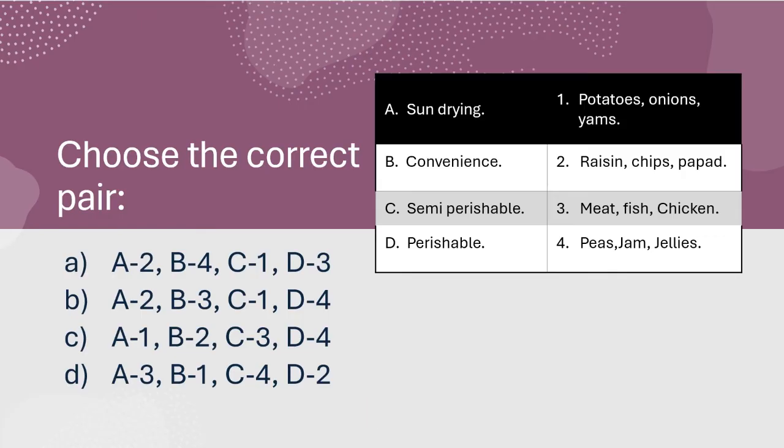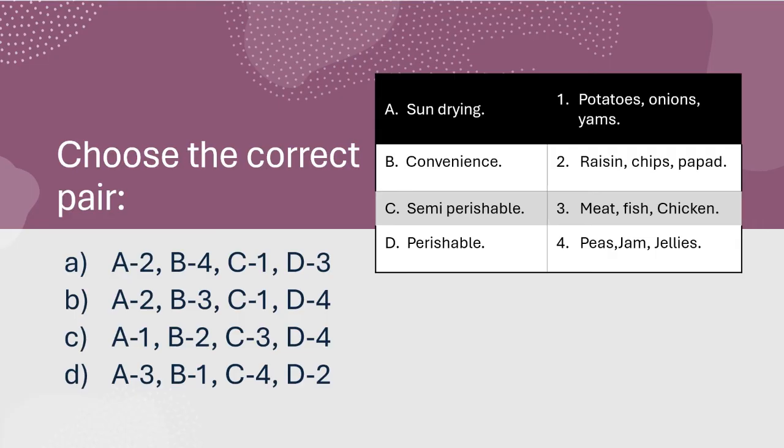Choose the correct pair. Now see this my dear students, see this part. Okay, so there are two columns, A sun drying, B convenience, C semi perishable and D perishable, and here you have potatoes, onions, yams, raisin chips, papad, meat, fish, chicken and peas, jam and jellies. So you have to select, okay, choose the correct pair. You have to match the following. So just take out some time to do this quickly.